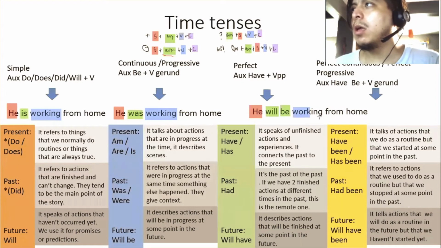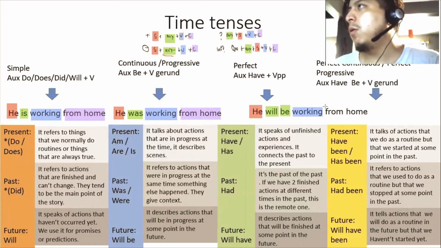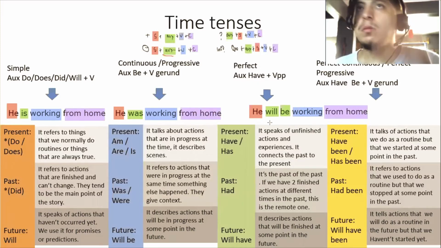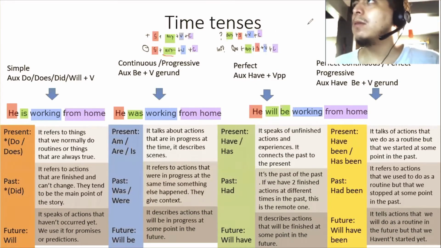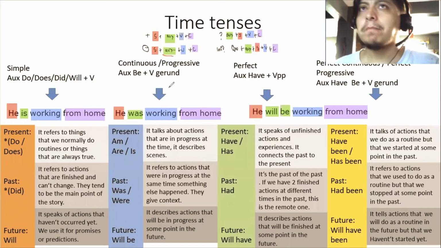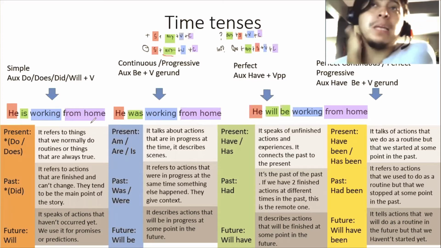Working, working, working. And your complement is whatever extra information that you have in your sentence. From home, from home, from home. It was very simple, I hope. Subject, auxiliary, verb, and complement. It is always, always, always the same thing.